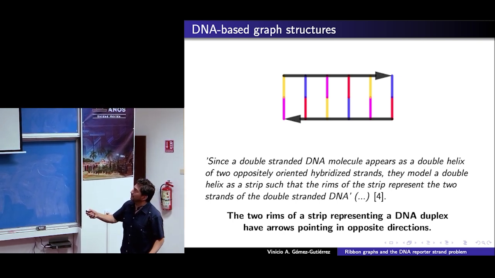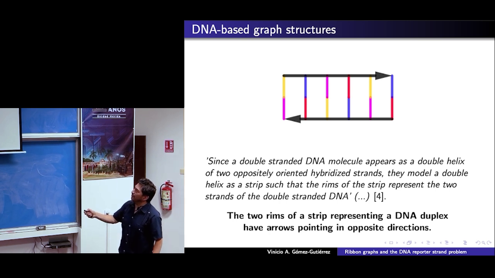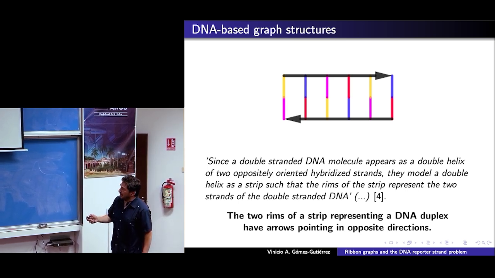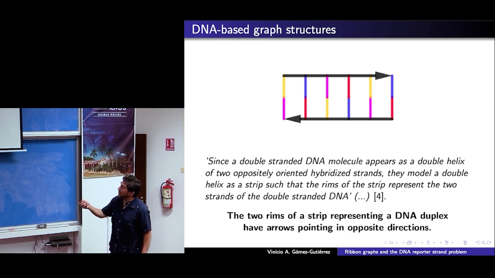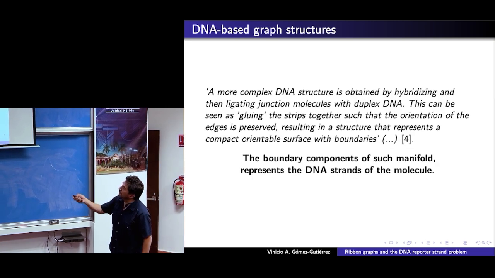We have the bridges of adenine, cytosine, etc. We think of them as oriented hybridized strands.